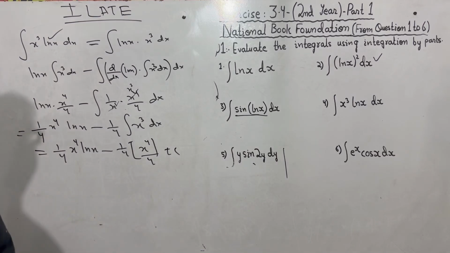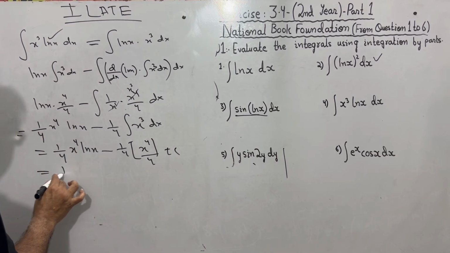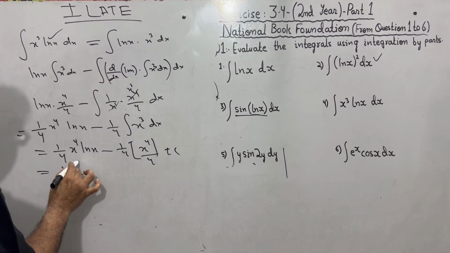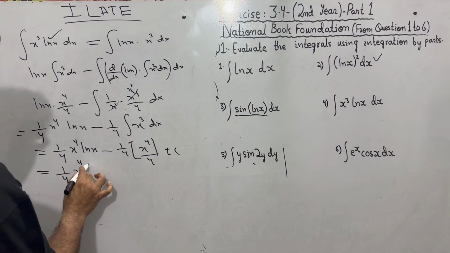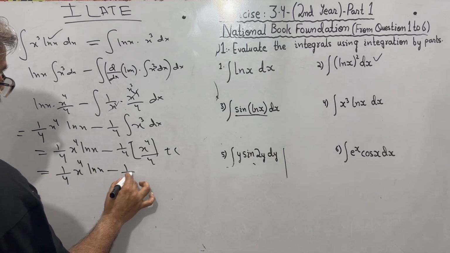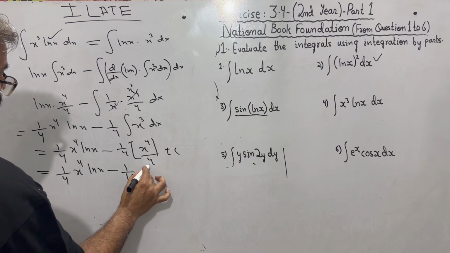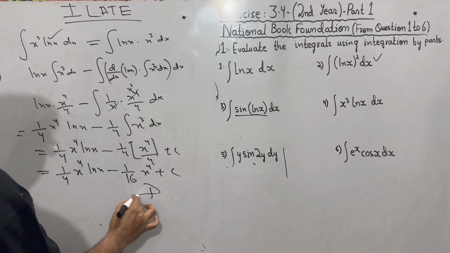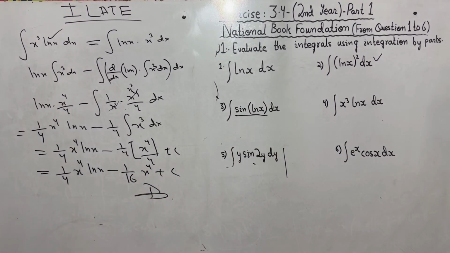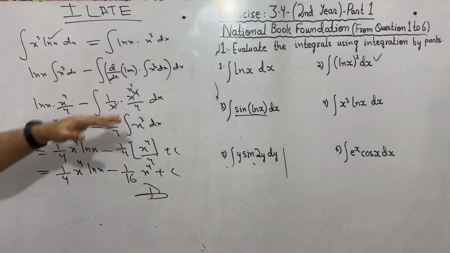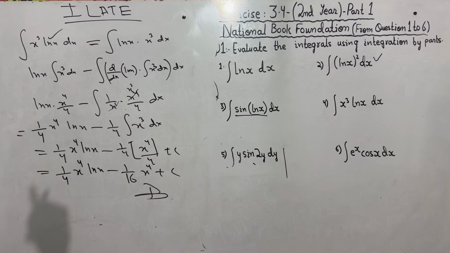It will become 4 times 4, 16. So we have 1 over 4 times x raised 4 times ln x minus 1 over 16 times x4 plus c, or one can take x4 common.